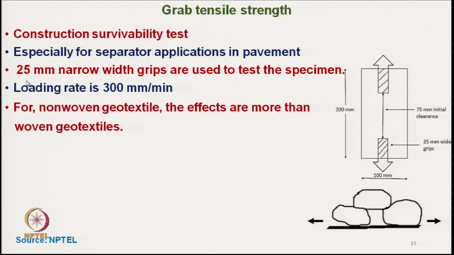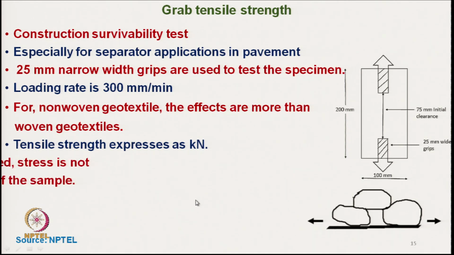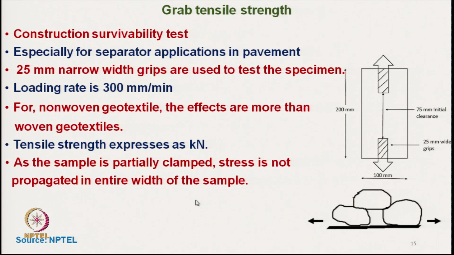So, a 25 millimeter narrow wide grip is there, and the loading rate, that is the strain rate, is 300 millimeter per minute. For non-woven geotextiles, the effects are more than for woven geotextiles. So, it is expressed in kilonewton.